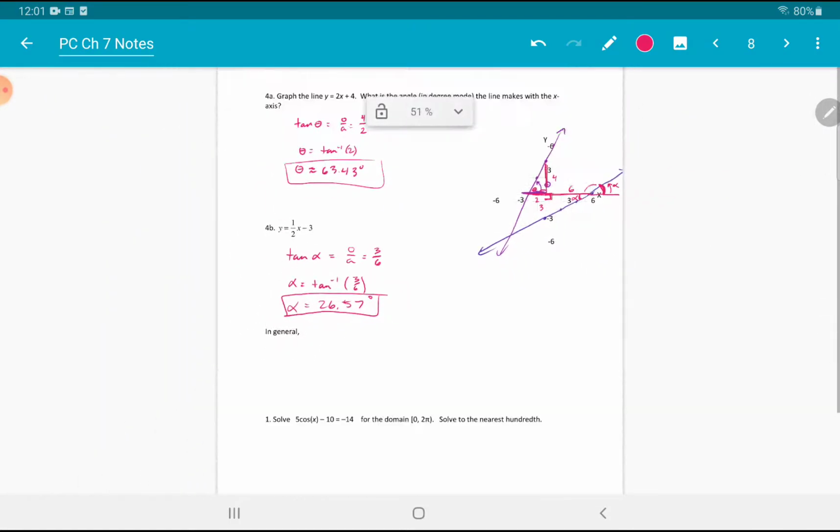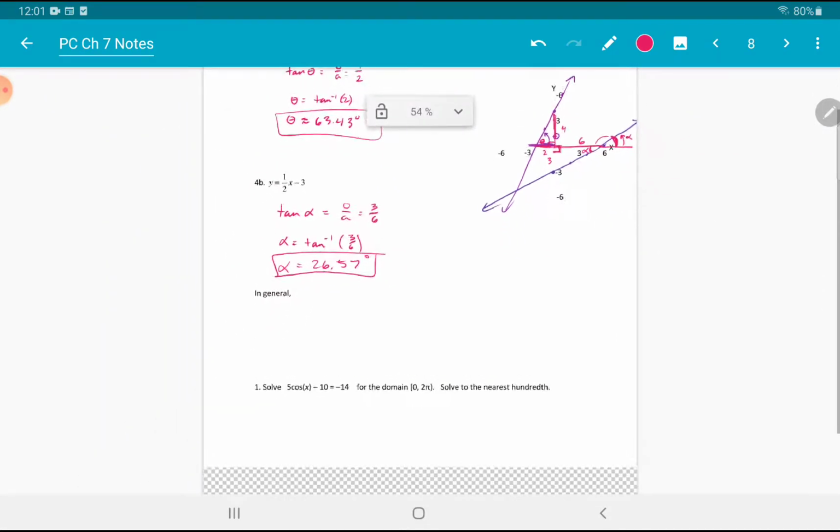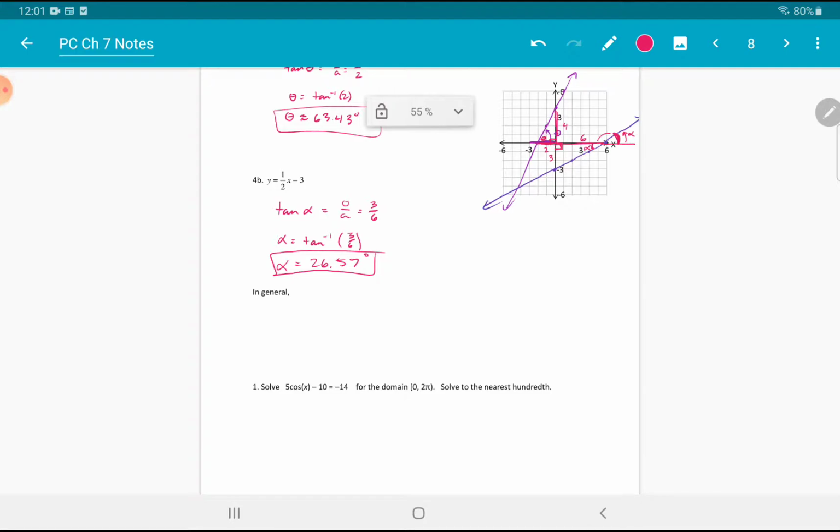In both of these demonstrations, hopefully what you saw is that if you want to find the slope of the line, you're really just finding the tangent value of it, right? So in general, the slope of the line is the same as the tangent of that given angle.